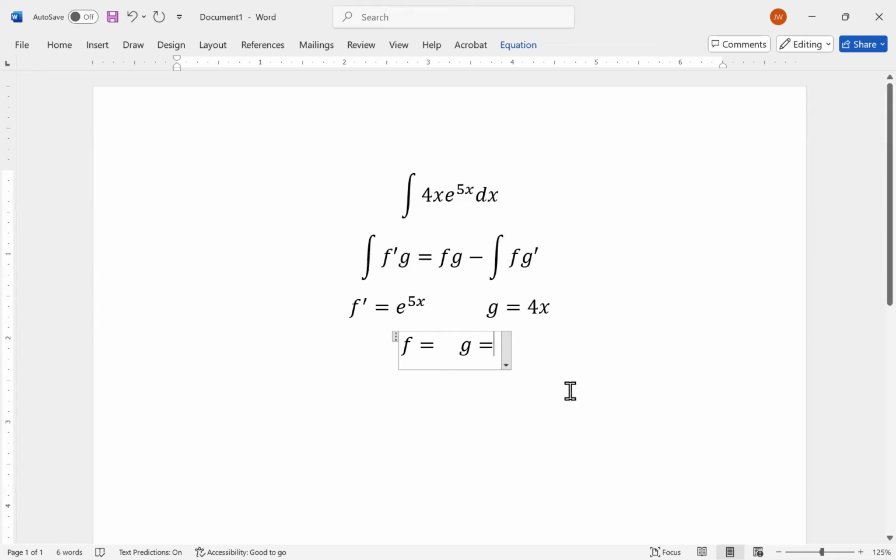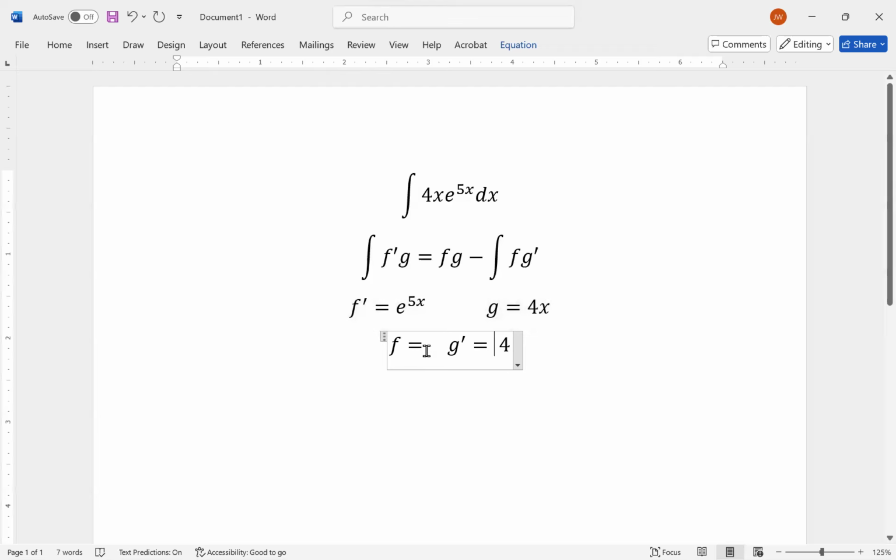The reason we like g being the polynomial is because if I take a derivative, since this is a linear polynomial, the derivative of 4x is just the constant 4.